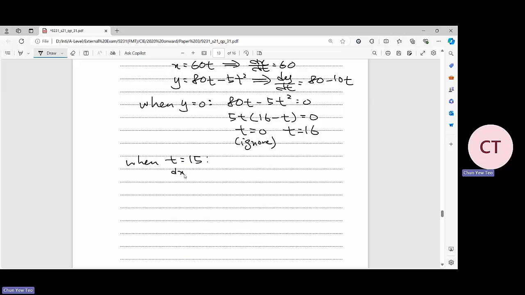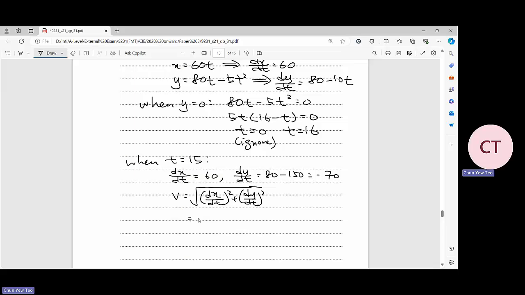Your dx/dt is still 60. Your dy/dt will become 80 minus 150, which is negative 70. Okay, so your velocity at this time, or the speed to be more precise, is the square root of dx/dt squared plus dy/dt squared.